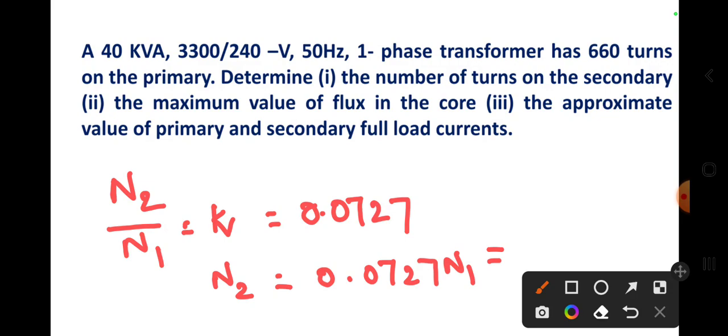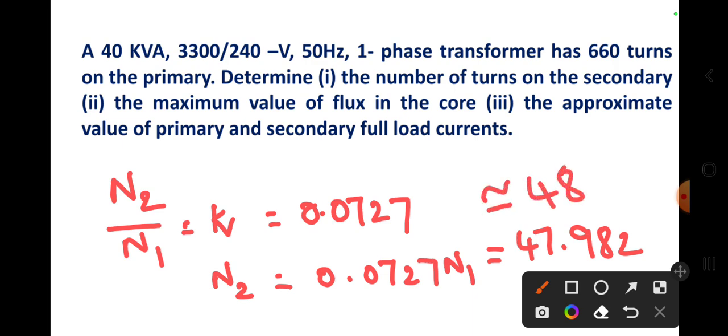So 0.0727 into 660. Then this will be 47.98. Generally there are no fractions for the number of turns, so we can simplify this as nearly 48 because it is 47.98. The first thing we got.